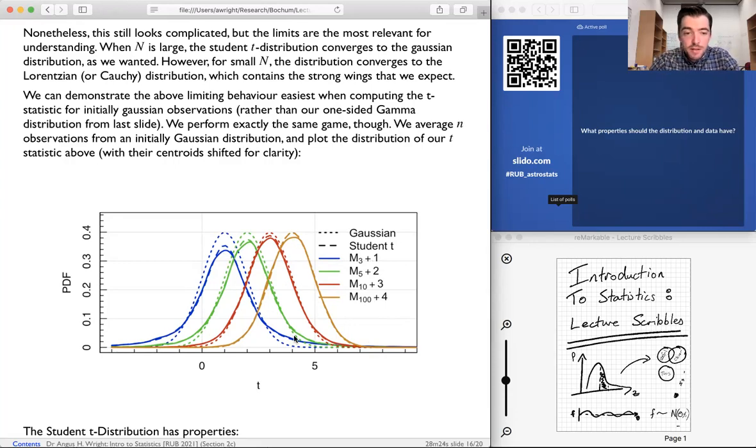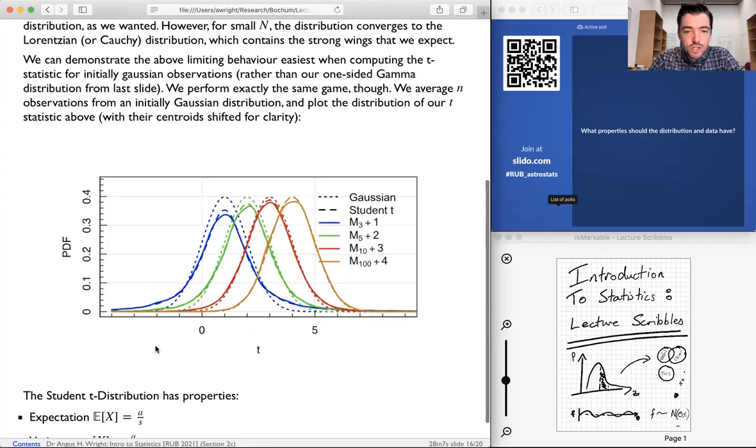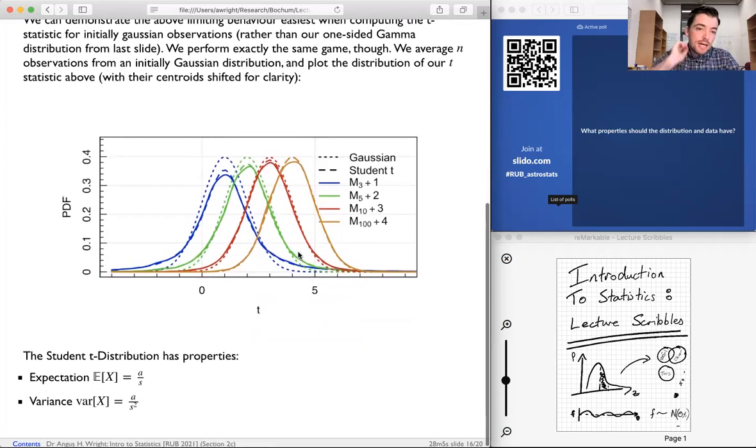Those come from the fact that the wings of the central limit theorem are the slowest to converge. And you end up with this more Lorentzian, Cauchy sort of looking distribution. But it's one that is still modeled very well by the student t distribution. So that's just where we ended up last lecture.